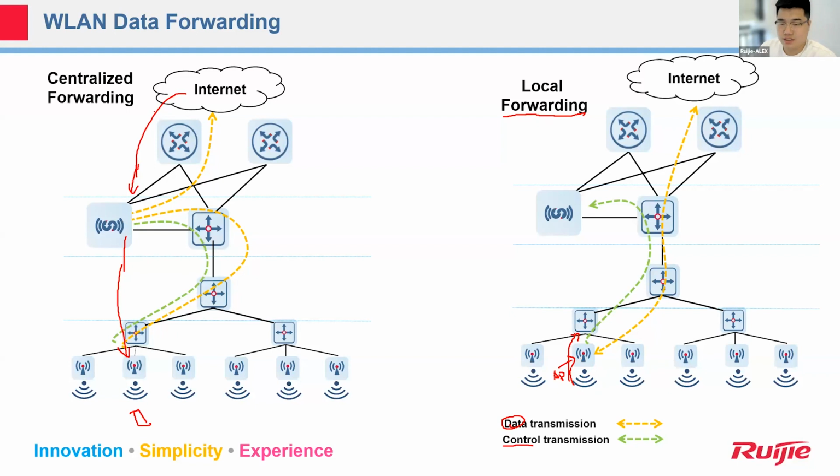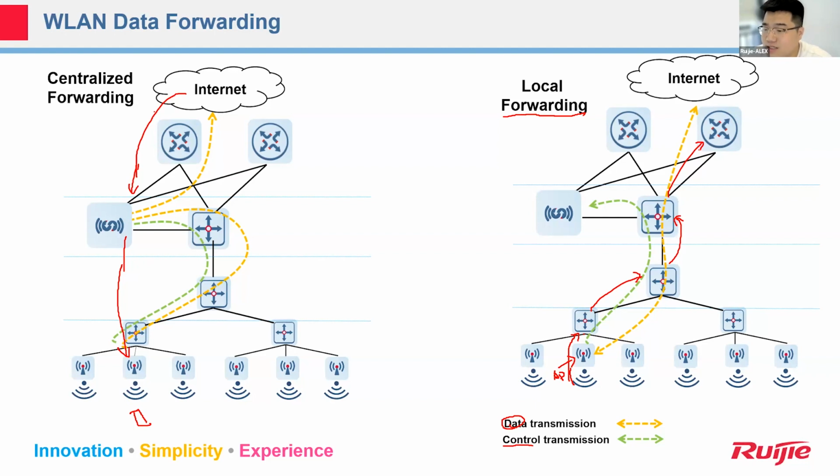For example, the AP will send it to the switch, the switch will check the forwarding entries and send it maybe to the aggregate switch, the aggregate switch sends it to the core switch, and that will send it to the gateway. Okay. It means that it will not be sent to the AC through the CAPWAP tunnel.